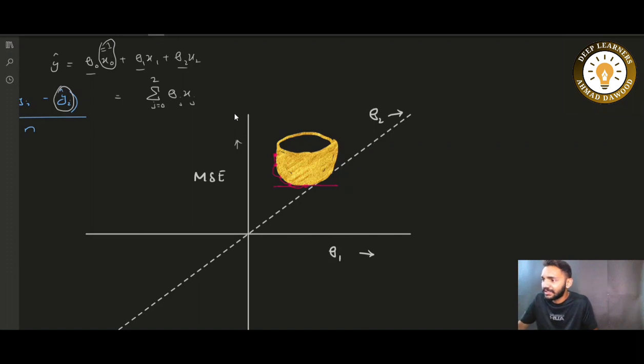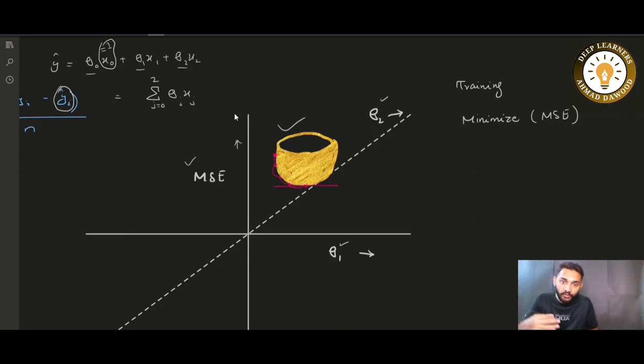On this axis we have theta 1, here we have theta 2, and on the z-axis we have the mean square error. We will have a ball-shaped, or bowl-shaped, plot here. In the training phase, we are trying to minimize our mean square error.